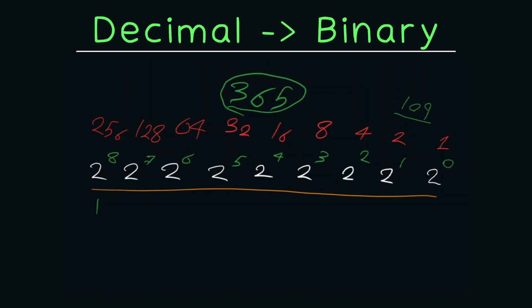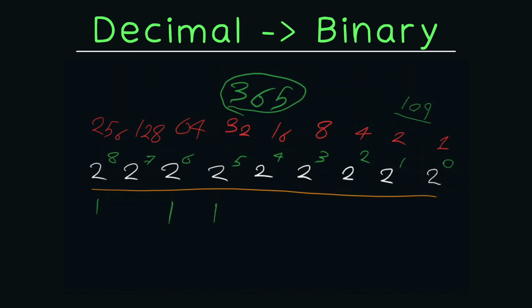It doesn't quite fit in 128. So we have to go with 64. So 1, 64. Now we have to deduct 64 from 109, which is 45. So 45. We can only put in 32 now. So 1, 32. 45 minus 32, we're going to have 13.